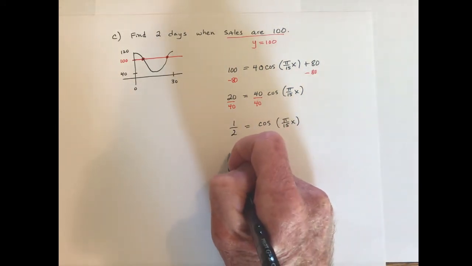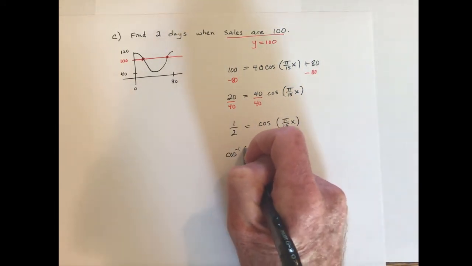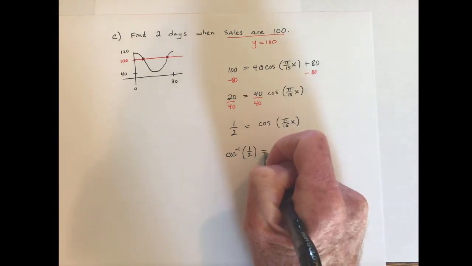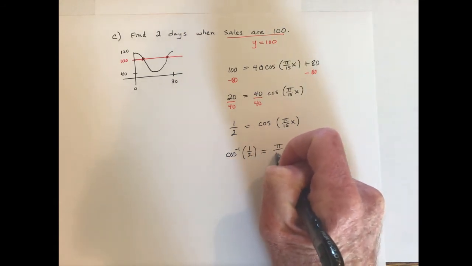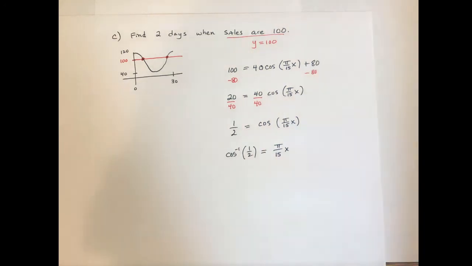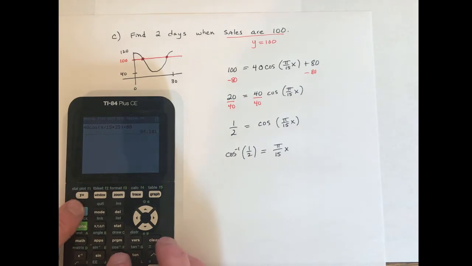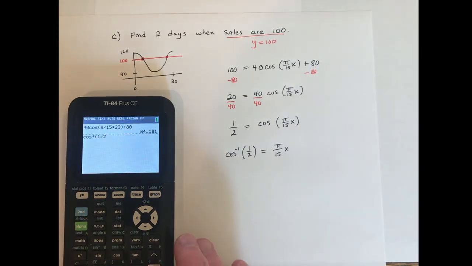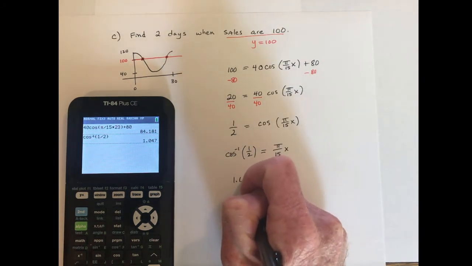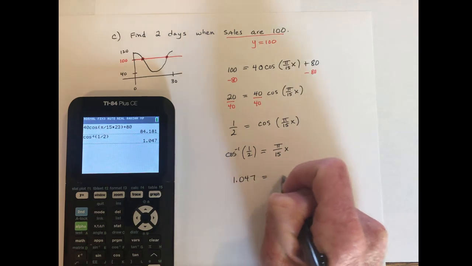So now take cosine inverse of both sides. On the right side, all that's left is pi over 15 times x. And then cosine inverse of 1/2 equals 1.047.